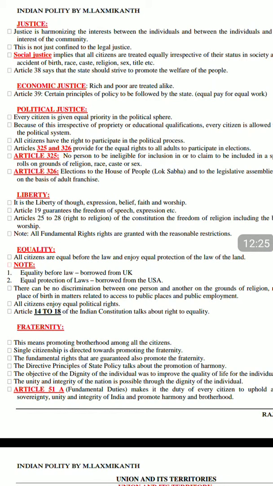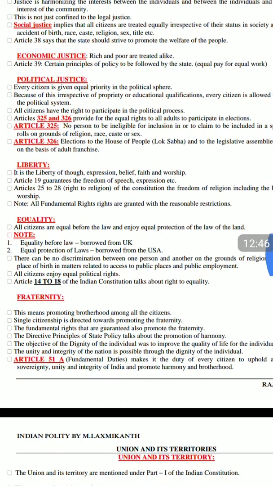Keep in mind that there are two aspects of this statement: equality before law and equal protection of law. Equality before law is a British concept that has a negative impact, and equal protection of law is an American concept, and it has a positive impact.